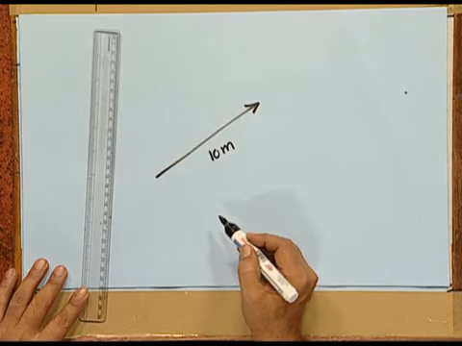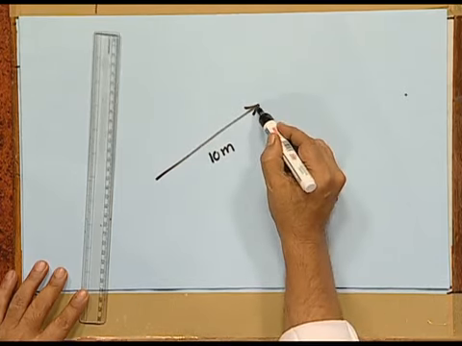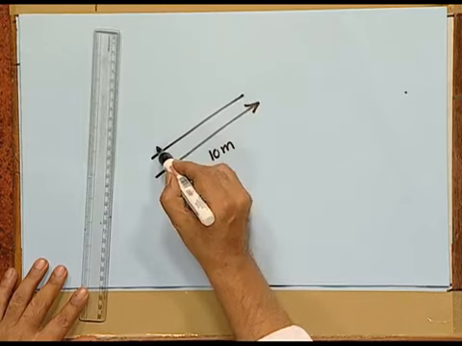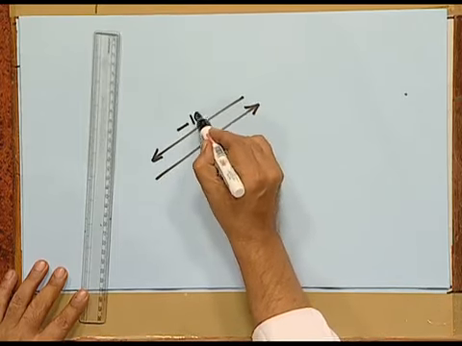Now, what do you mean by saying null vector does not have a direction? I will give you a simple example in the case of a displacement vector. Let us take an object that has moved in this direction, say 10 meters. If I come back from this point along the same path, it means I am adding a displacement vector of minus 10.